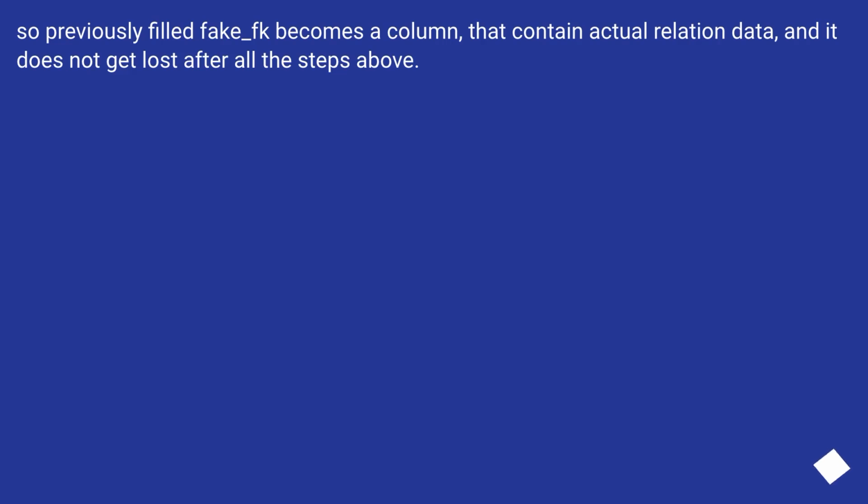So the previously filled fake FK becomes a column that contains actual relation data, and it does not get lost after all the steps above.